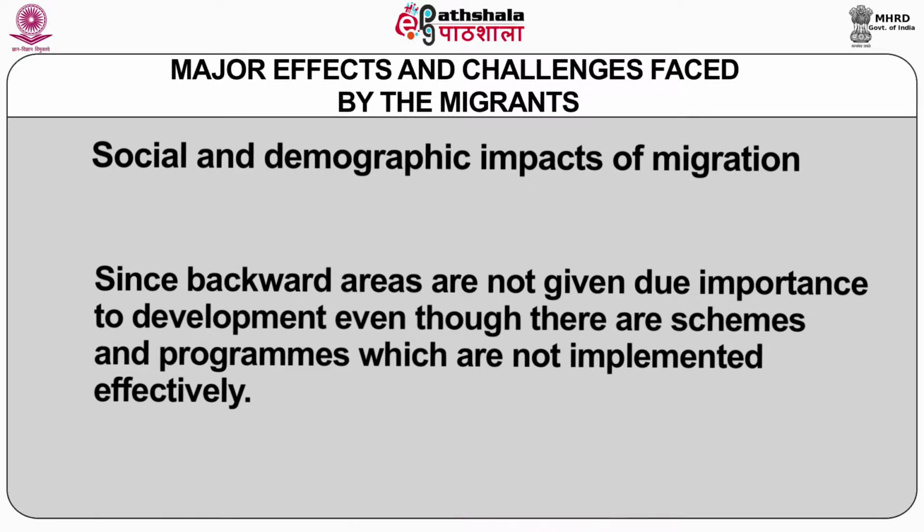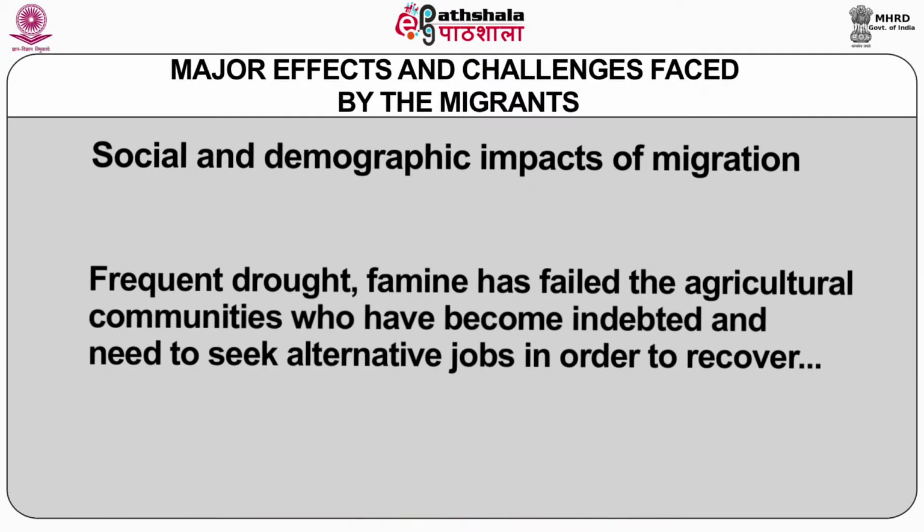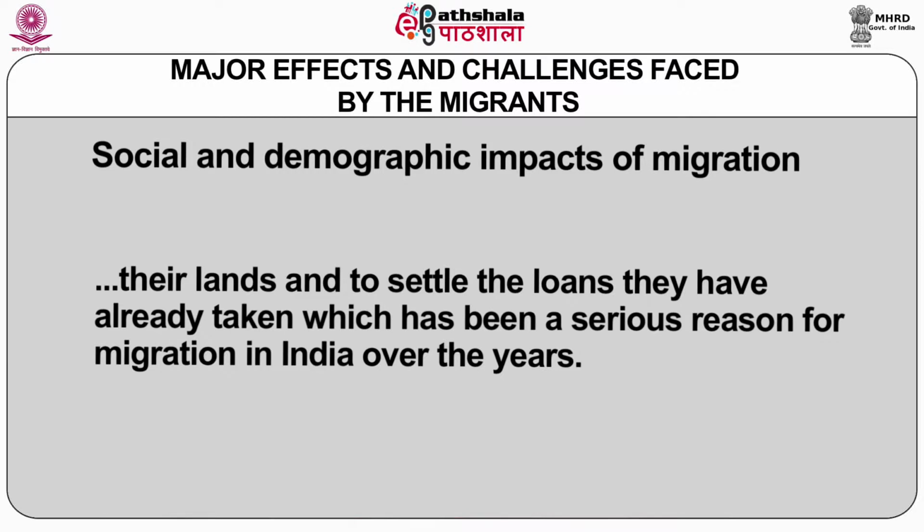Backward areas are not given due importance in development, even though there are schemes and programs, which are not implemented effectively. Frequent drought and famine have failed the agricultural communities, who have become indebted and need to seek alternative jobs in order to recover their lands and to settle the loans they have already taken, which has been a serious reason for migration in India over the years.